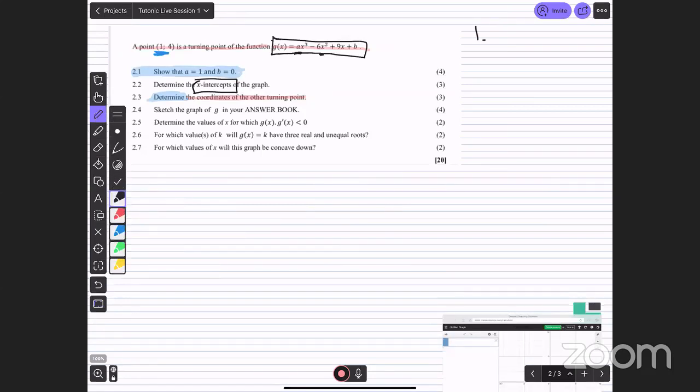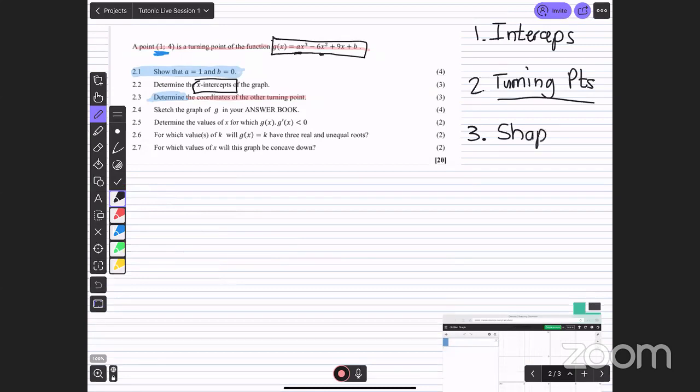Then number 2, the turning point, the stationary points. And number 3, the shape. Shape. Shape. Okay. Spelling mistake.